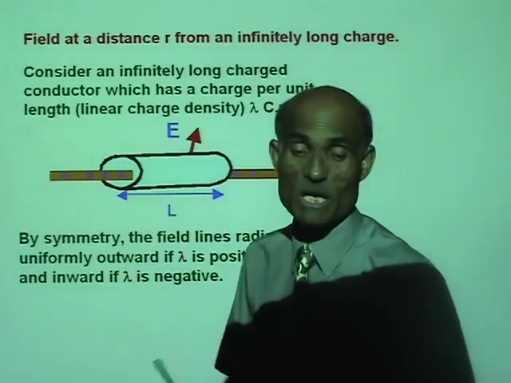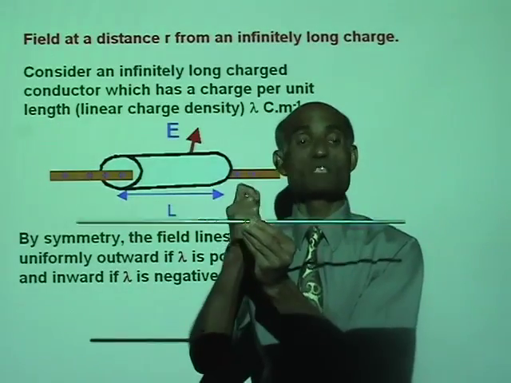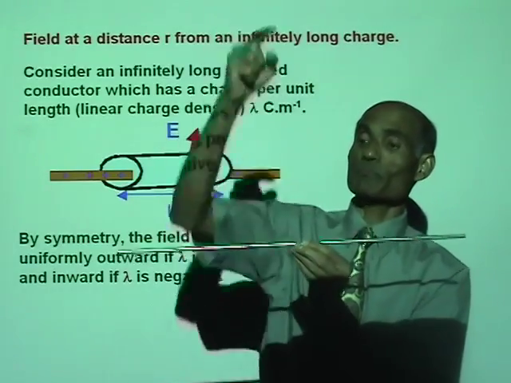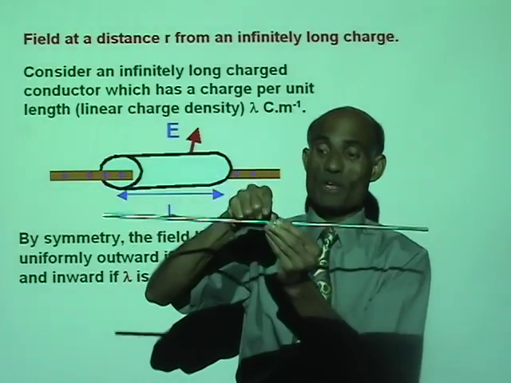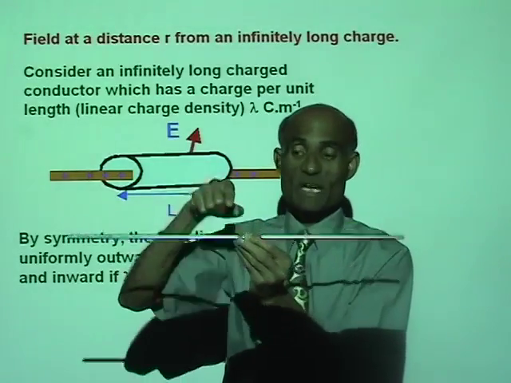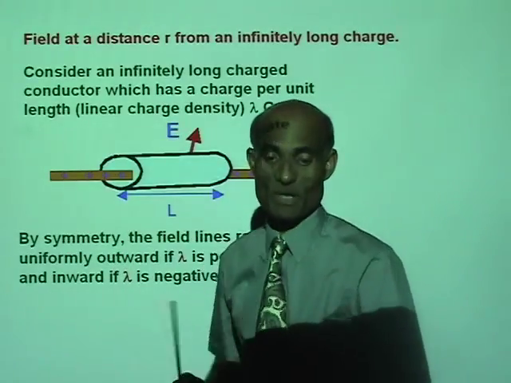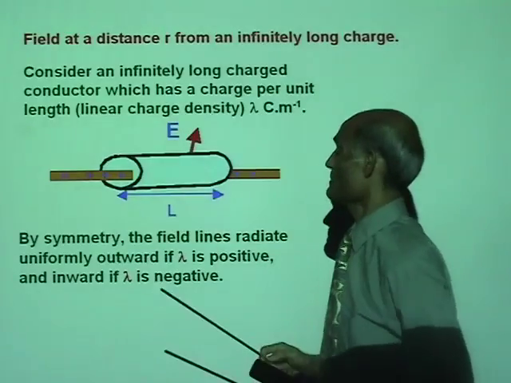I think that must be clear. If the charge carried by this linear charge is positive, all the field lines will originate or diverge from it. Or if the charge carried by this is negative, all the field lines will be converging to it. So you can imagine field lines coming out of it.